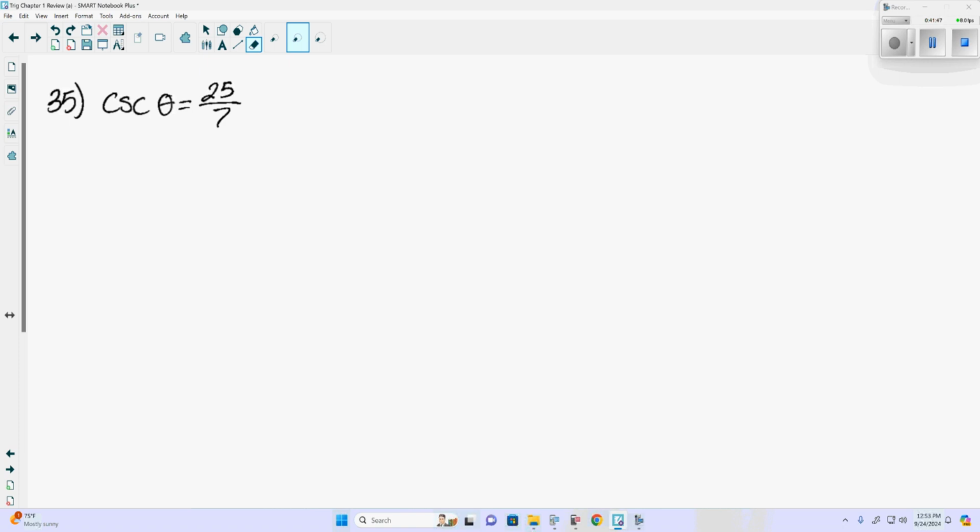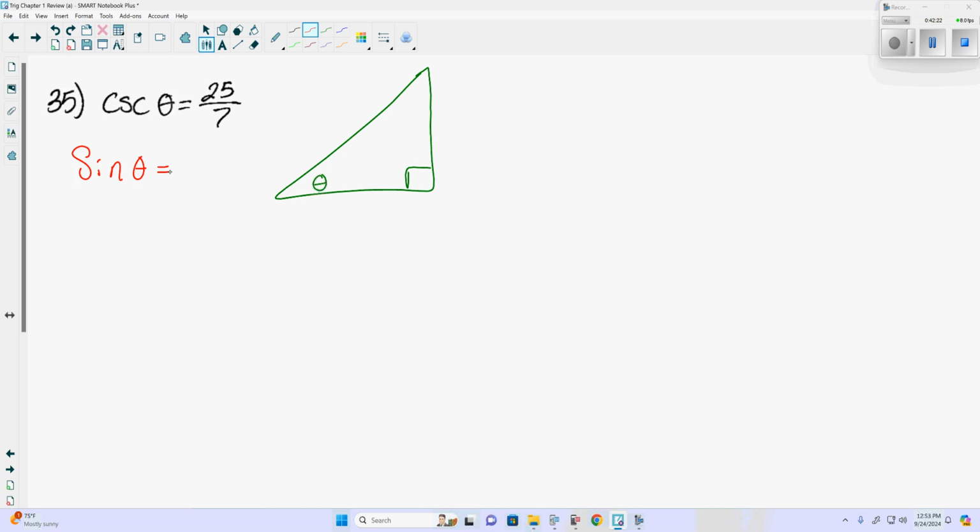Let's look at 35. Because again, with these there are different ways we can go about doing these. But the best thing I would do with any of these, even 33, 34, set the triangle up. Set the triangle up. Now, we're wanting to find all 6 trig functions, really 5.